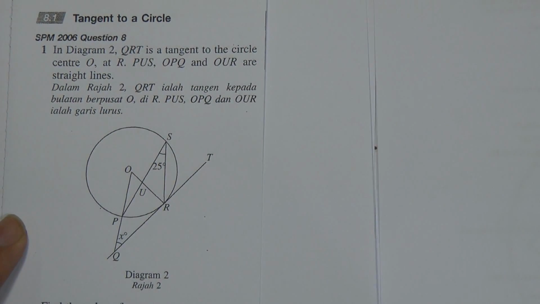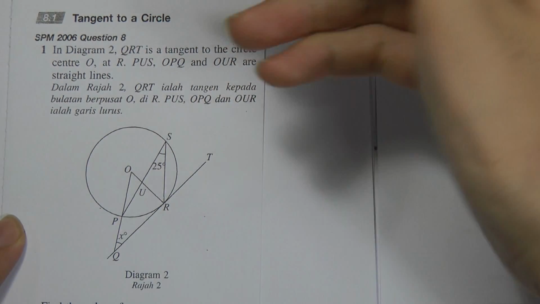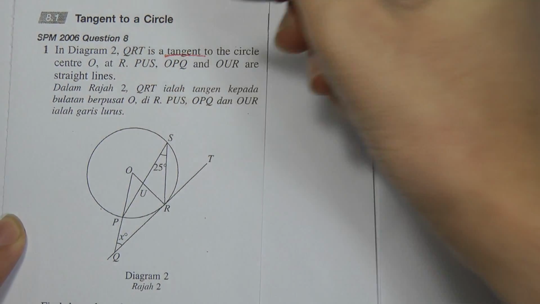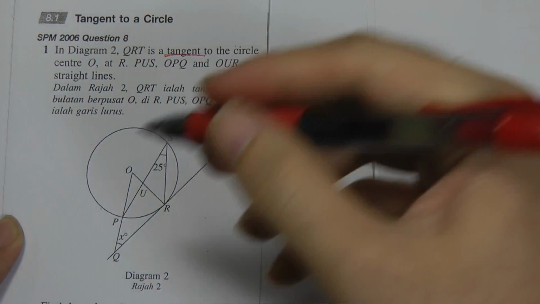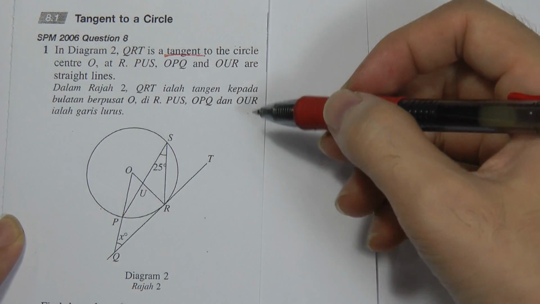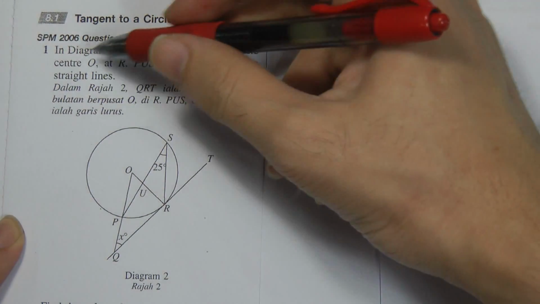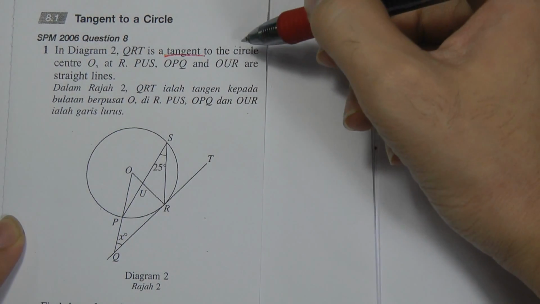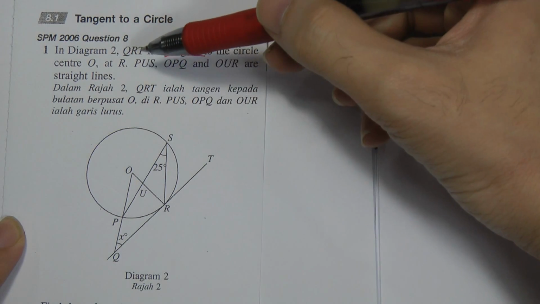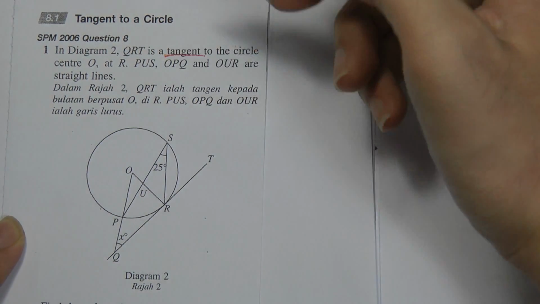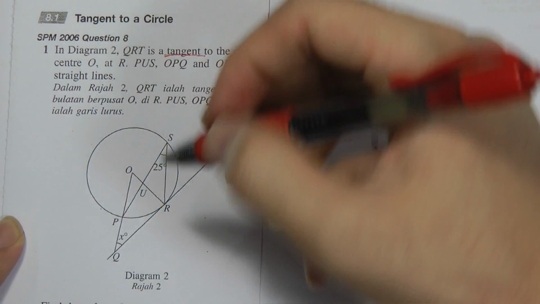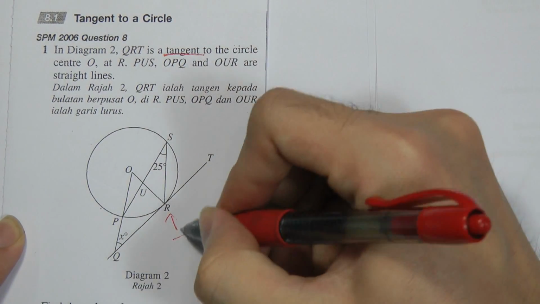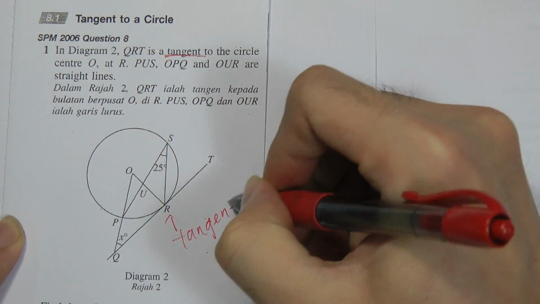So QRT is the tangent, this is the keyword, tangent. QRT is a tangent to the circle center O at R. So it means QRT will touch the circle at R. So this one is the tangent point. Remember, this is the tangent.